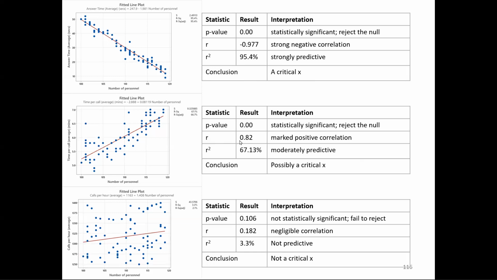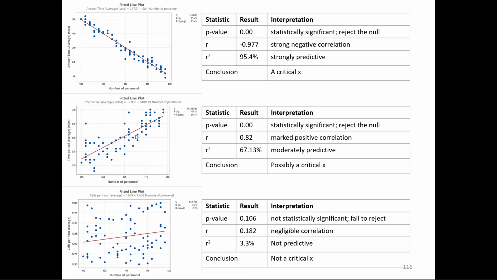Pearson's R tells us that it's a positive correlation and there's a marked association between them. And then R squared tells us that about 67% of the variation in time per call is predicted by the number of personnel. And we characterize that as moderately predictive. Not strongly predictive, moderately predictive. So that's possibly a critical X.